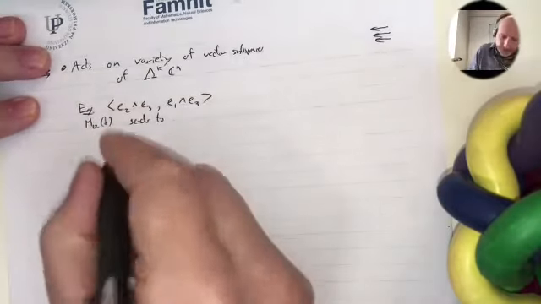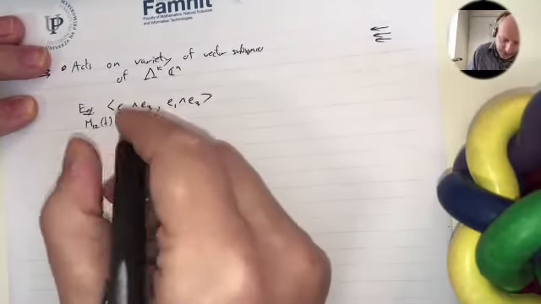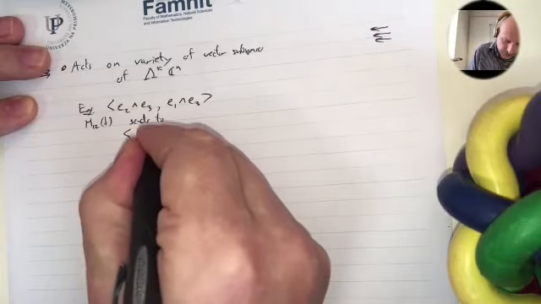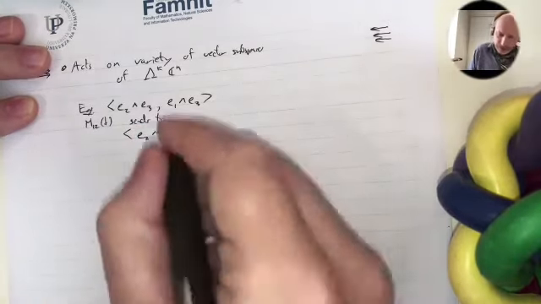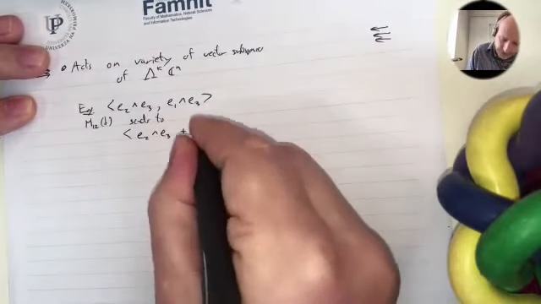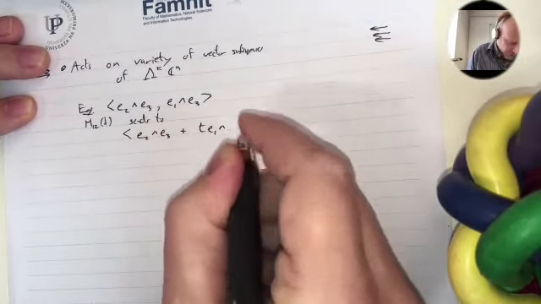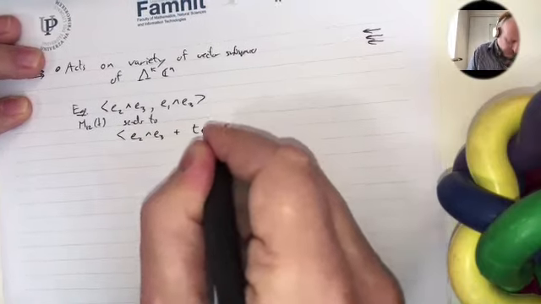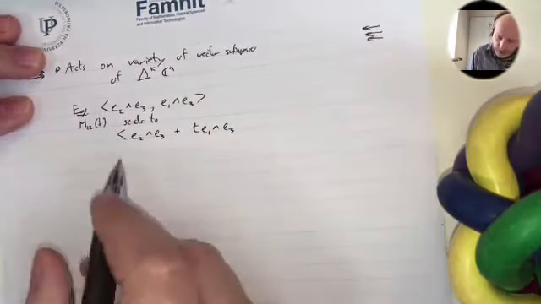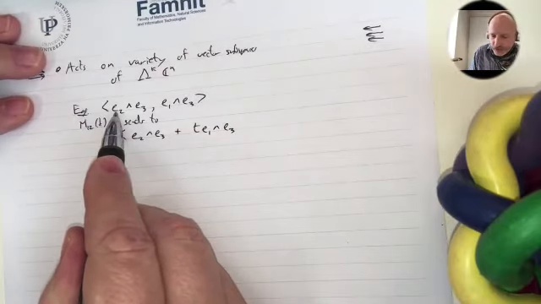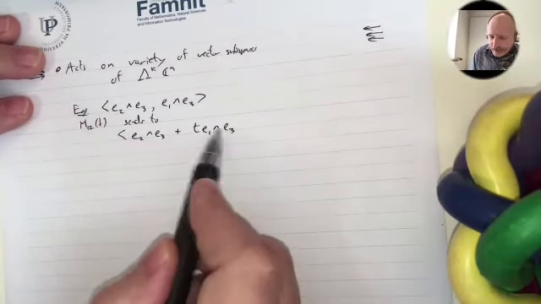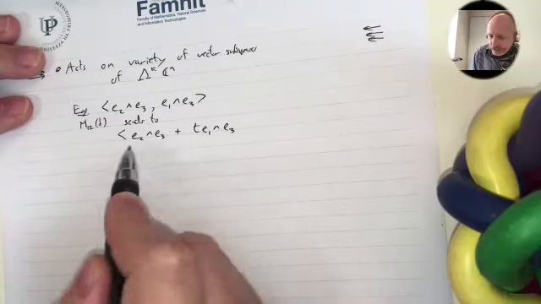So M1,2 of T sends E2 wedge E3 plus TE1 wedge E3. Right, so I'm applying the action to E2, and then I'm just extending across the product.